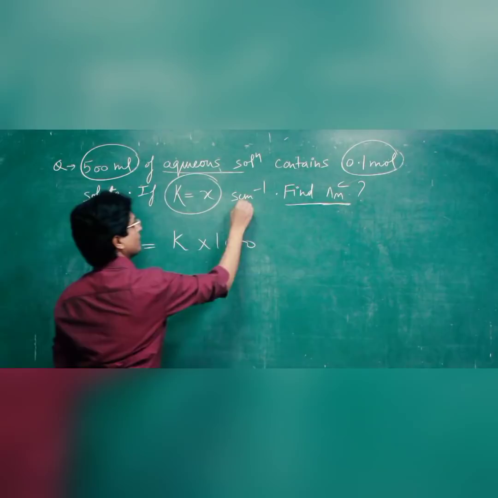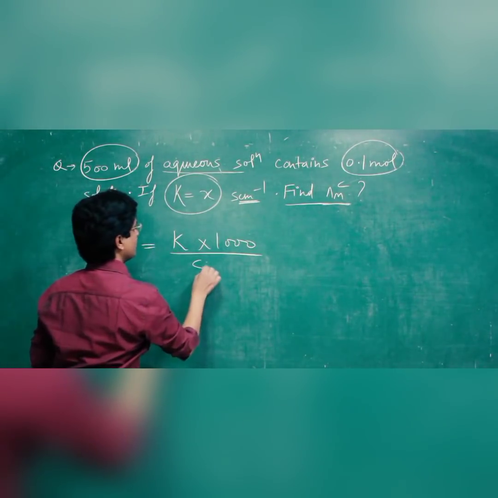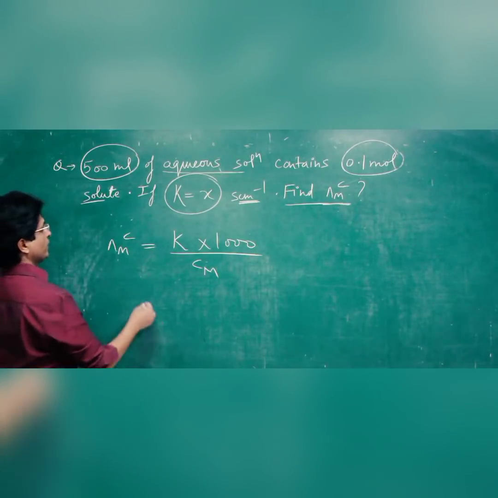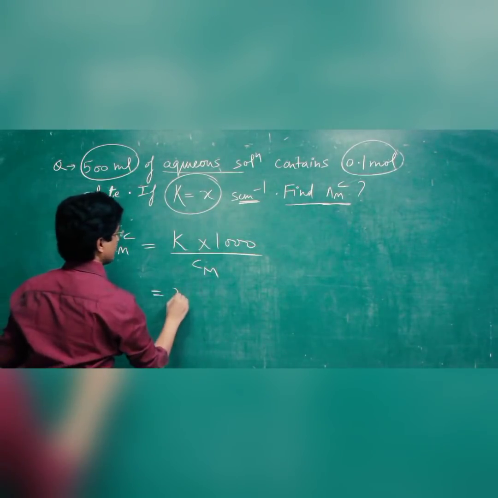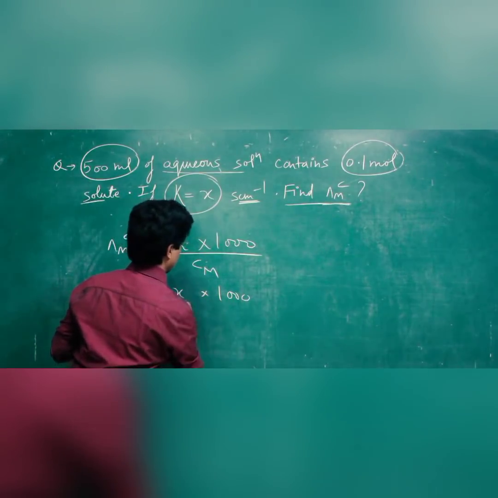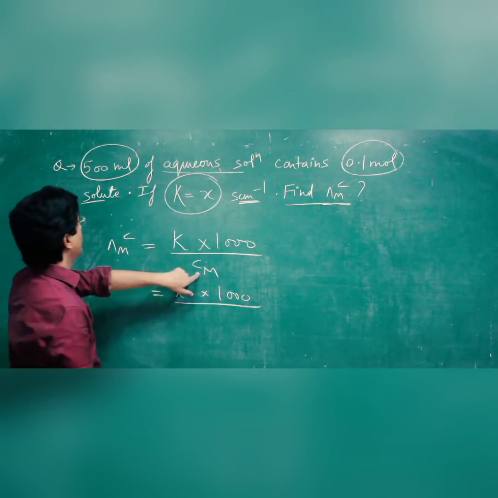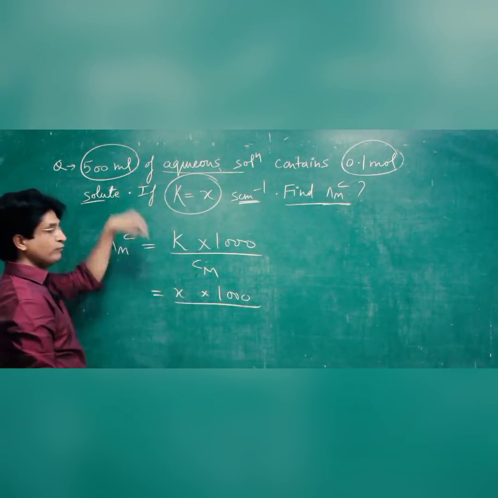Why 1000? Because I know that units are in per centimeter, divided by concentration in terms of molarity. So kappa is X into 1000 divided by concentration in terms of molarity. What is molarity, by the way? Molarity is number of moles upon volume in liter.